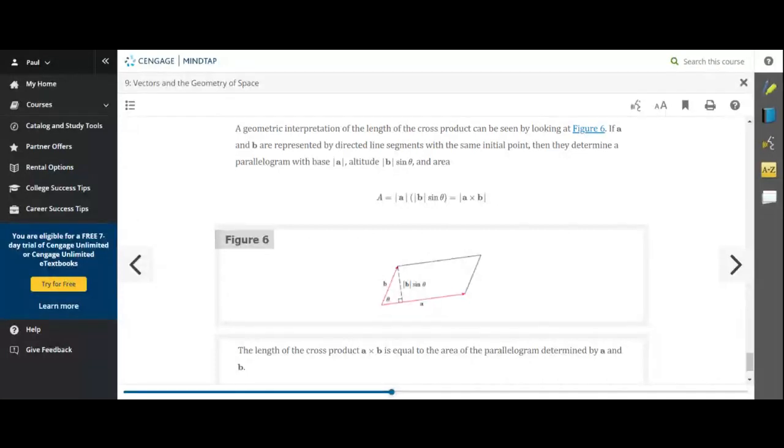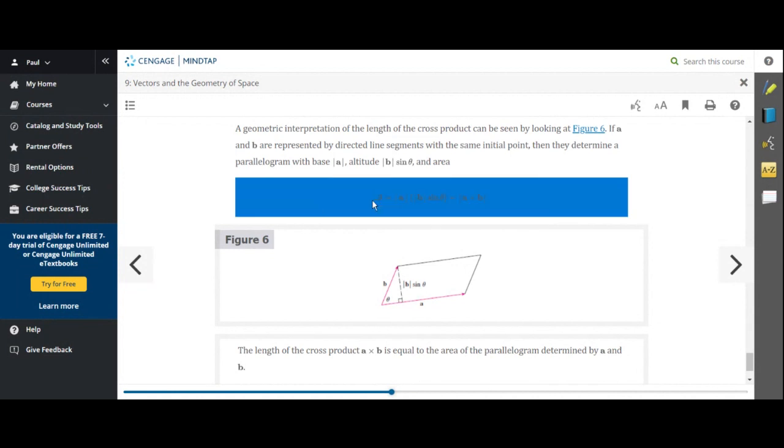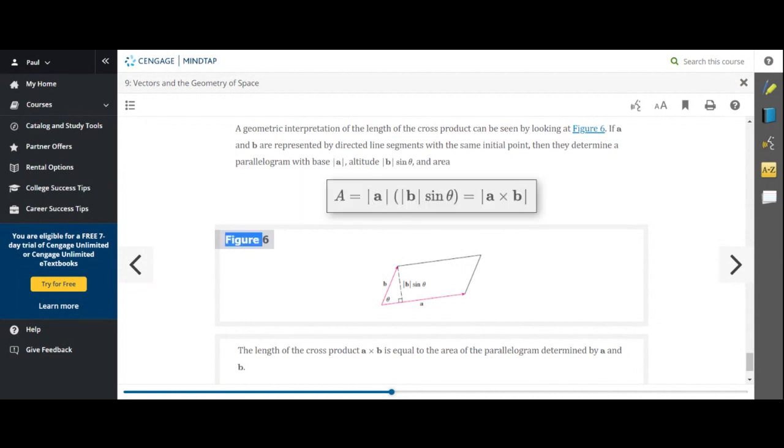Okay, so you see here, the original definition of the cross product of two vectors was the magnitude of the vector A times the magnitude of the vector B times the sine of the angle between the vectors. How many recall that from back in chapter 9? I know it's been a while.